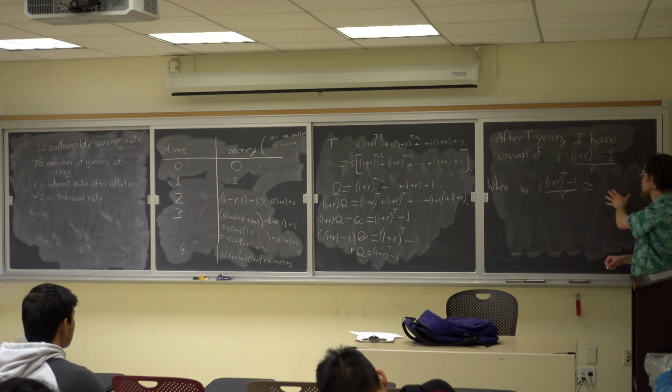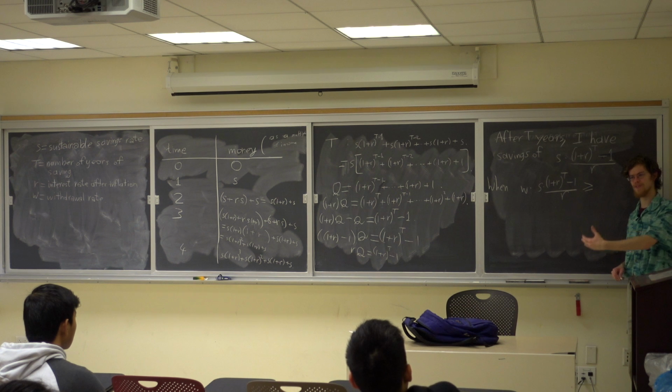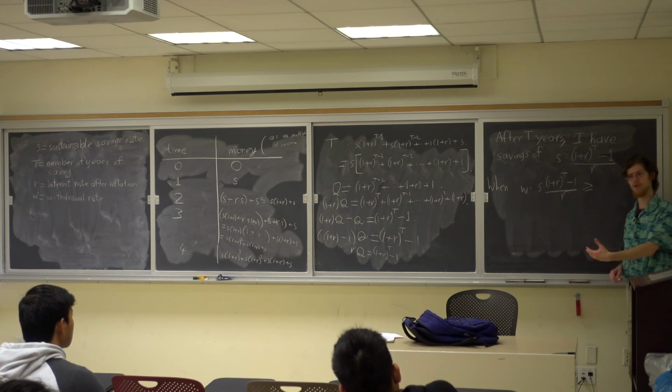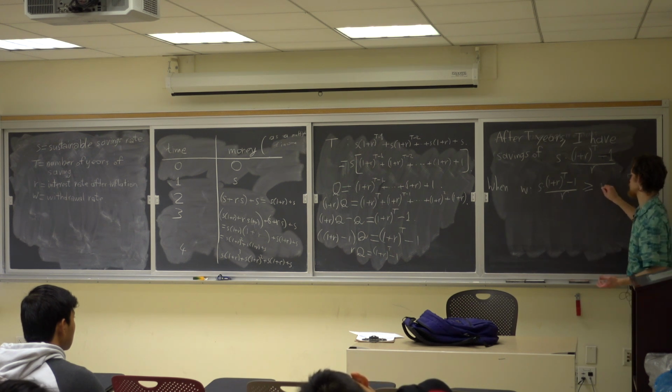Remember we said that our savings rate was sustainable. That means that the non-savings, those expenses, are sustainable. So the expenses we need are 1 minus r. Remember, it's our income minus the savings times income, but divided out by income, so it's just 1 minus r.